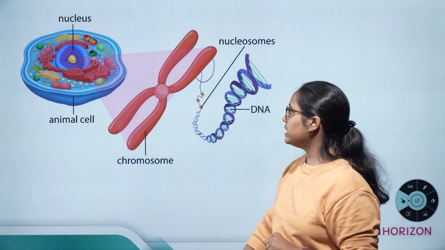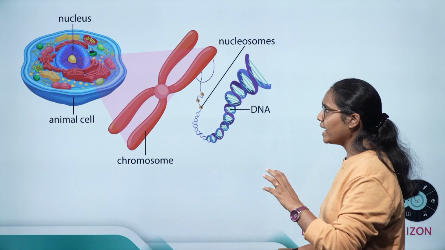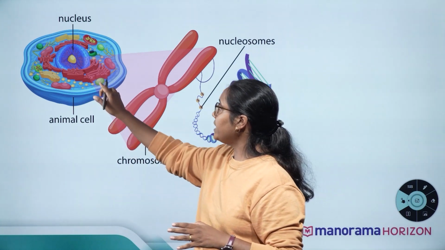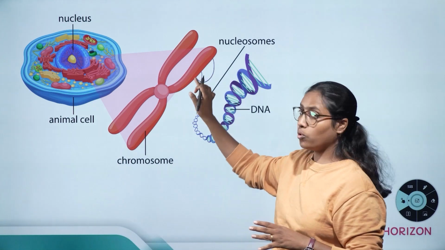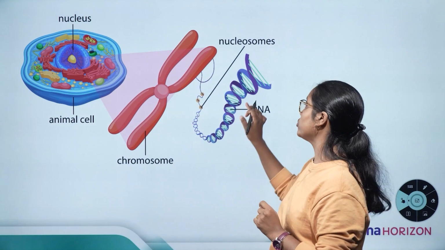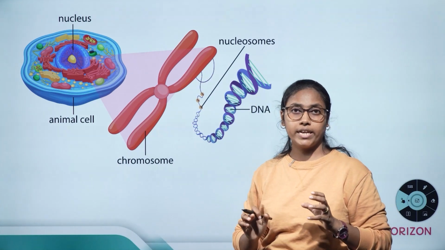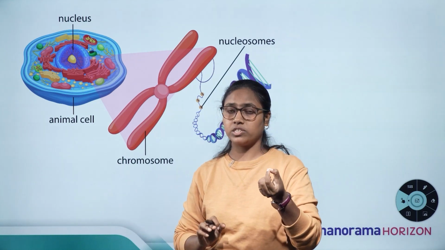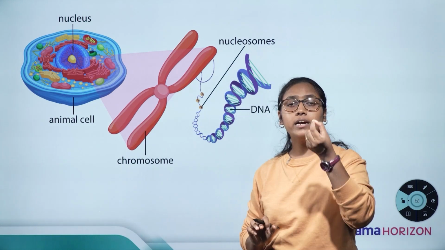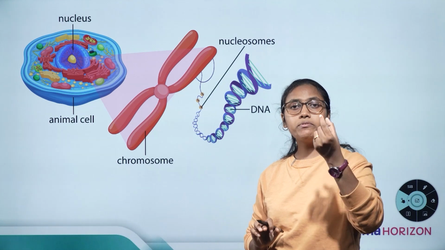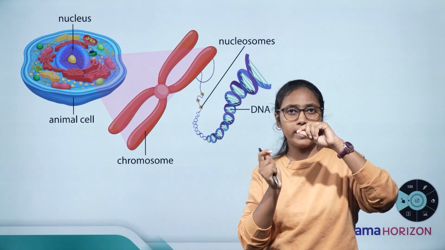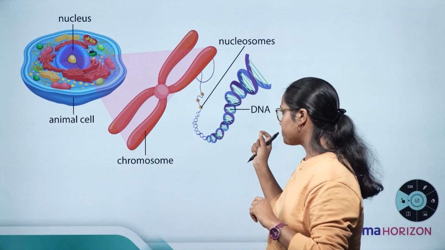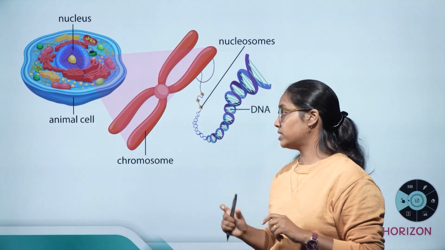Okay, you can see in this image, animal cell is shown here, and inside that, inside the nucleus, there are chromosomes, and these chromosomes are made up of DNA. So DNA are like threads. You just imagine a thread. When we buy thread, we see that the threads are usually coiled on some cardboard cylinders.